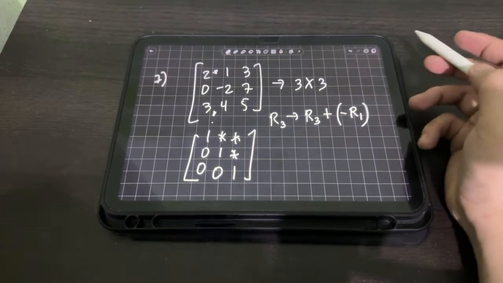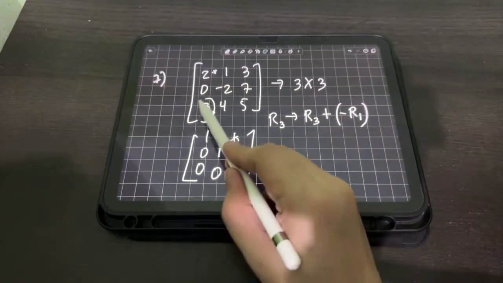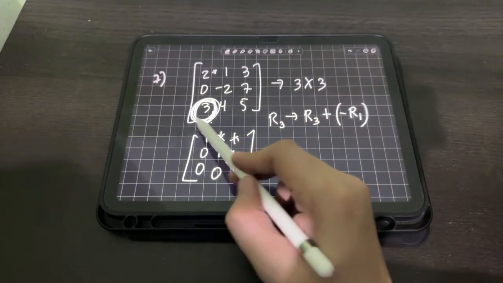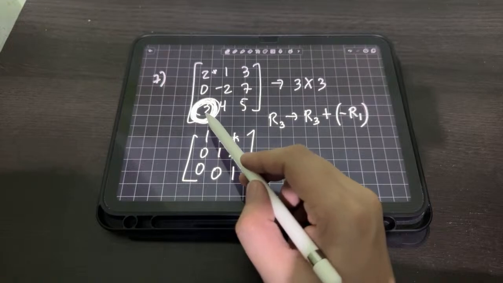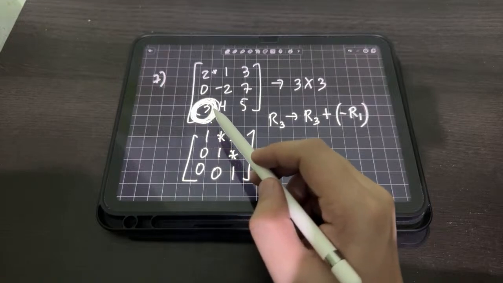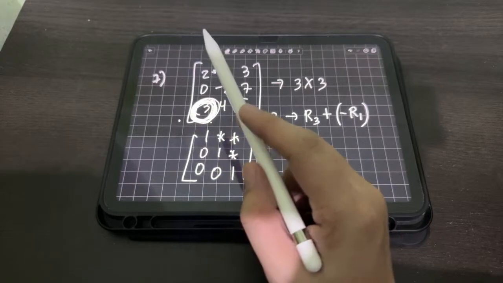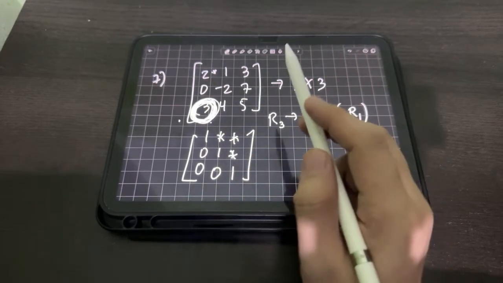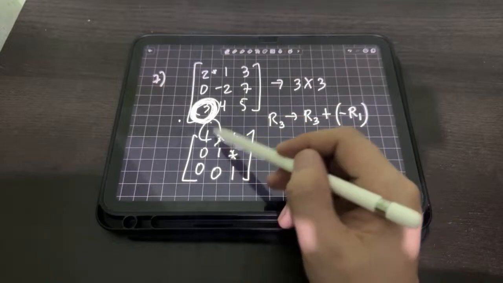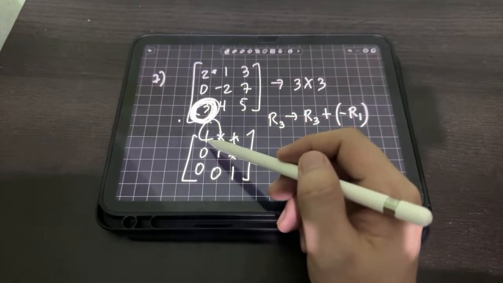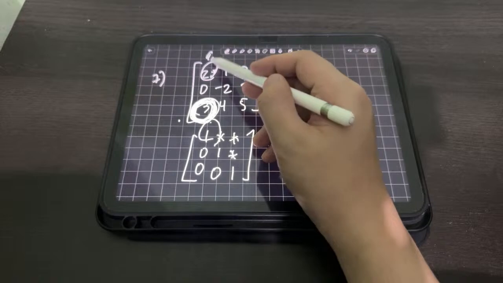Okay? We try to make first the entry here equal to 1 so that we can apply interchanging of rows. We interchange R3 and R1 next so that we have a number 1 entry in A11.